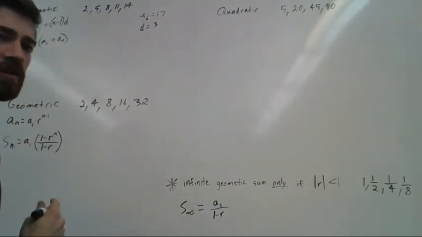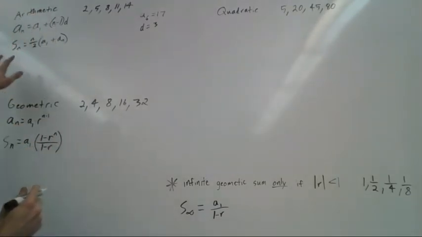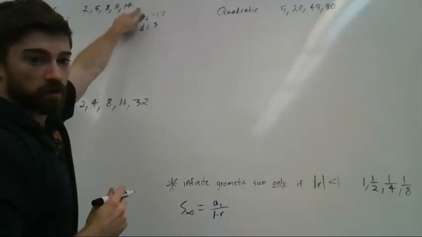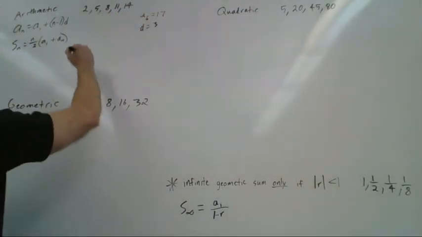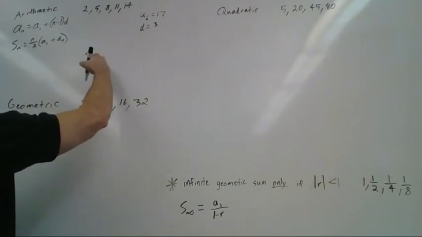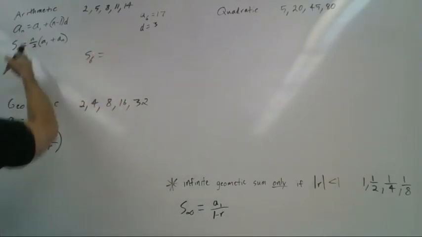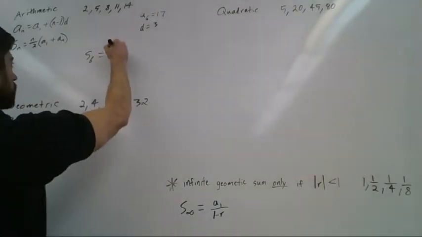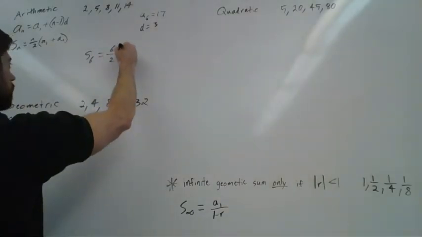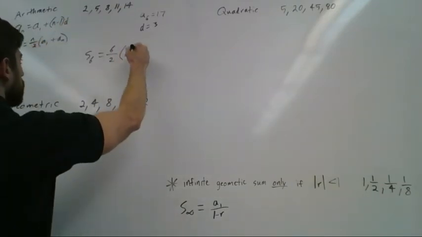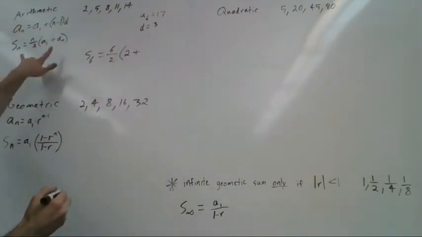So what about the summation? If they're asking you for the sum of the first 6 terms, then we would plug in the summation for 6. That n and that n are going to be the same as before. So 6 over 2. Our initial value is not changed. That's a 2. And we're going to add our a_n.